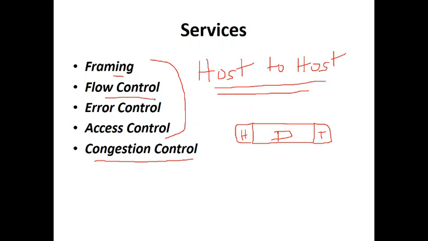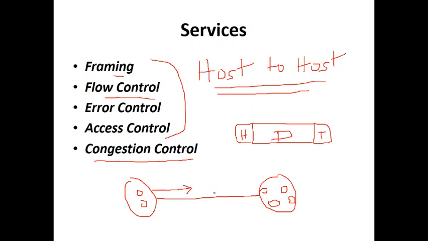So next is flow control. So what is this flow control? Consider this is my network with so many other devices, and I am connecting this network to another network. Consider I will be transferring the data from this network to this network.